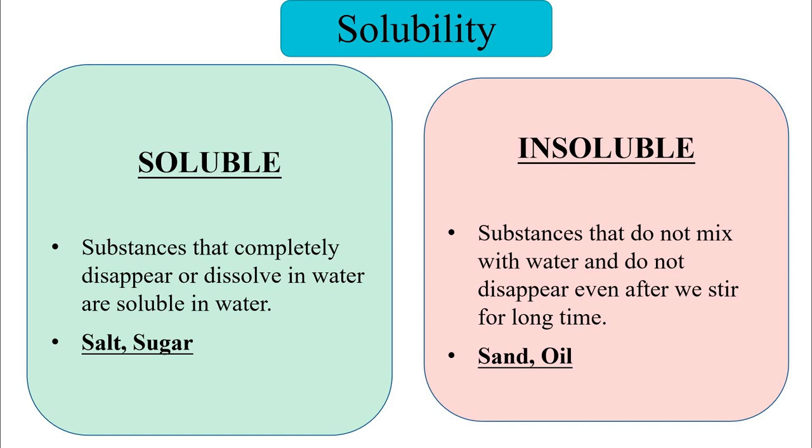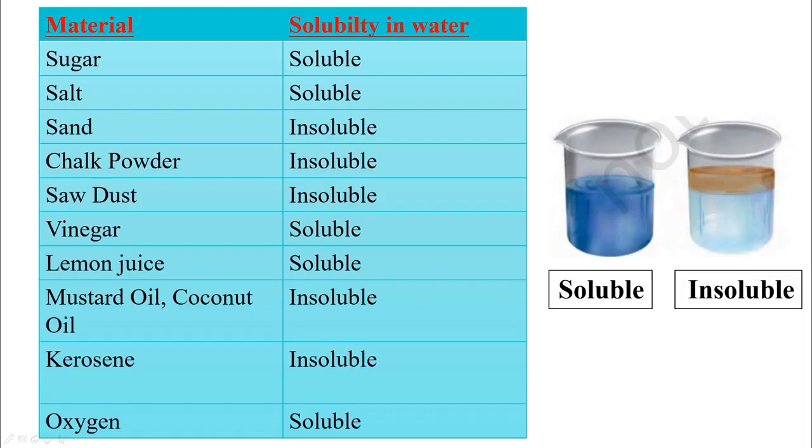Whereas the substances that do not mix with water and do not disappear even after we stir it for a long time are said to be insoluble in water. For example, sand and oil. Here we have a list of materials that are soluble and insoluble in water.